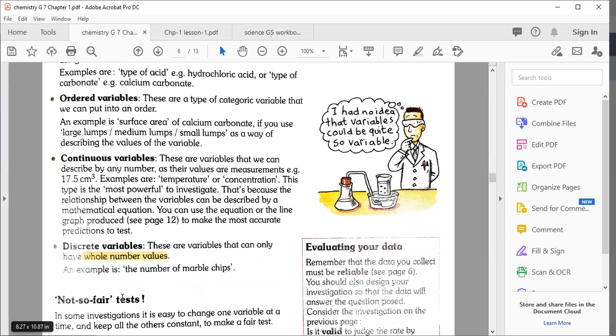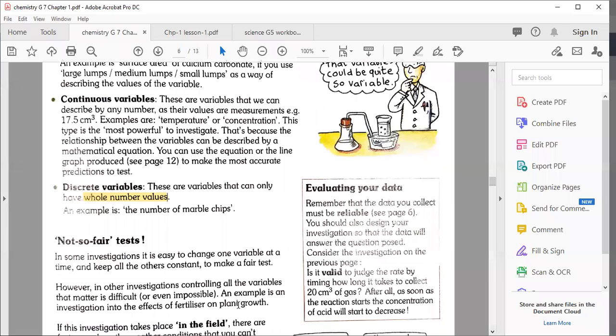So, not so fair test. If you perform a test, in some investigations it is easy to change one variable at a time and keep all the others constant to make a fair test. However, in other investigations, controlling all the variables that matter is difficult or even impossible. An example is an investigation into the effect of fertilizers on plant growth.